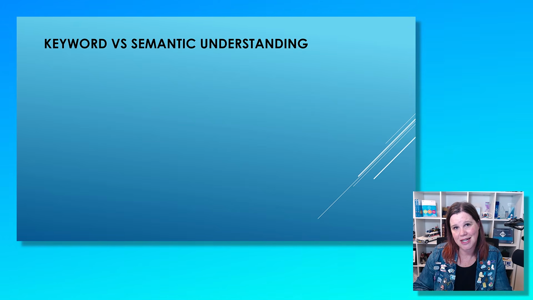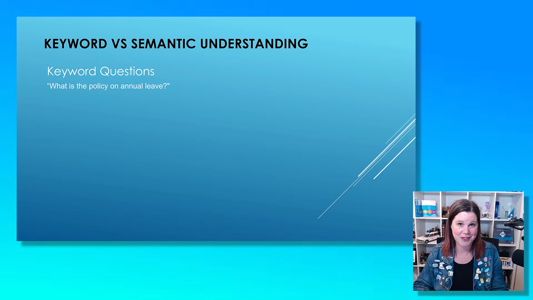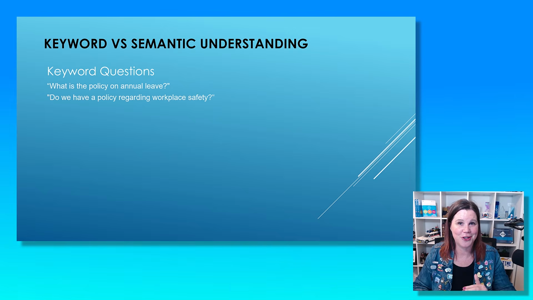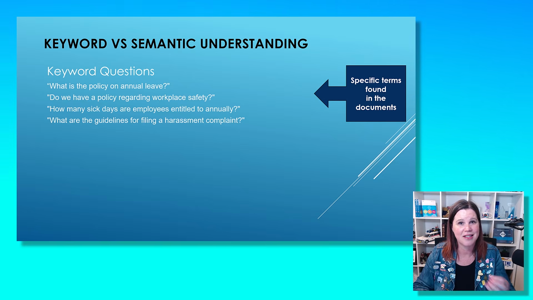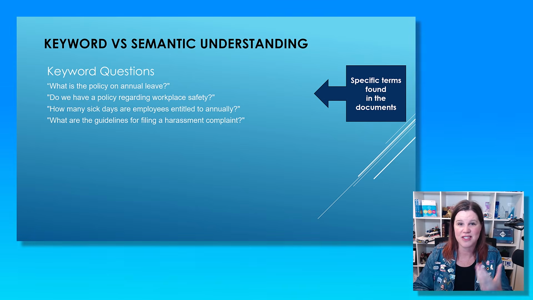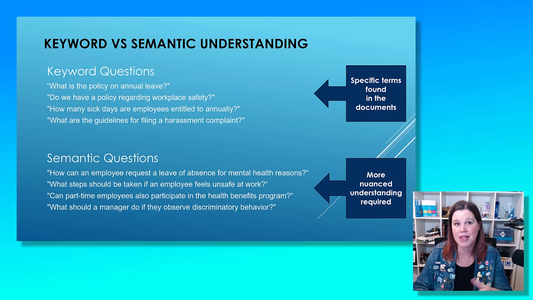So what this practically means in terms of the difference between keyword and semantic understanding is that keyword questions are basic. When I showed you that first example and I was giving you those very basic questions, it was able to answer those types of things. Specific terms found in the documents, fairly basic facts and figures, you'll be okay. But that's mostly where it falls over, is you actually want more than that.